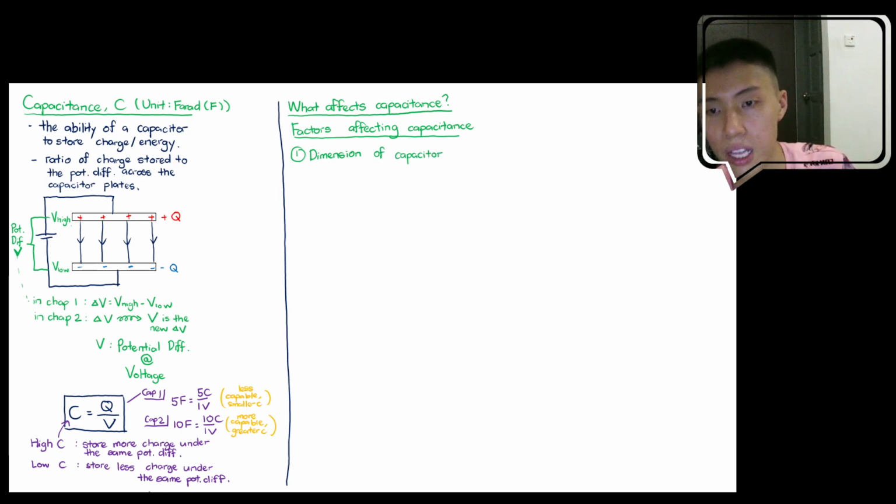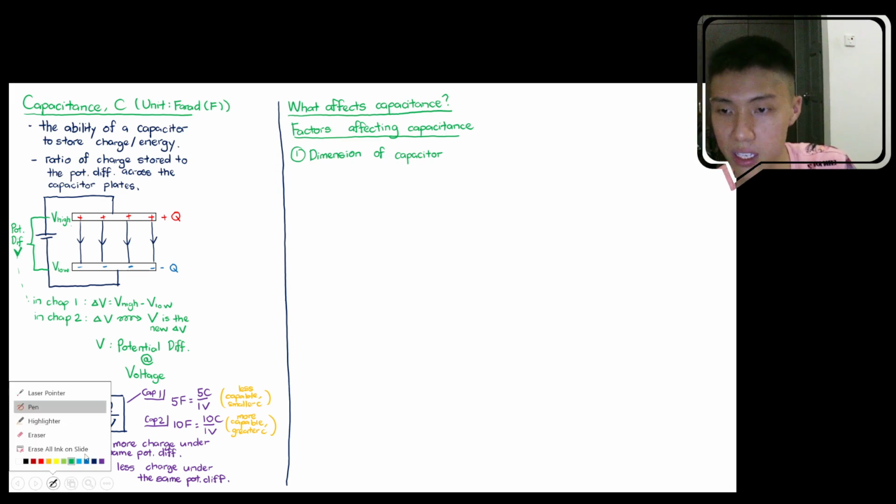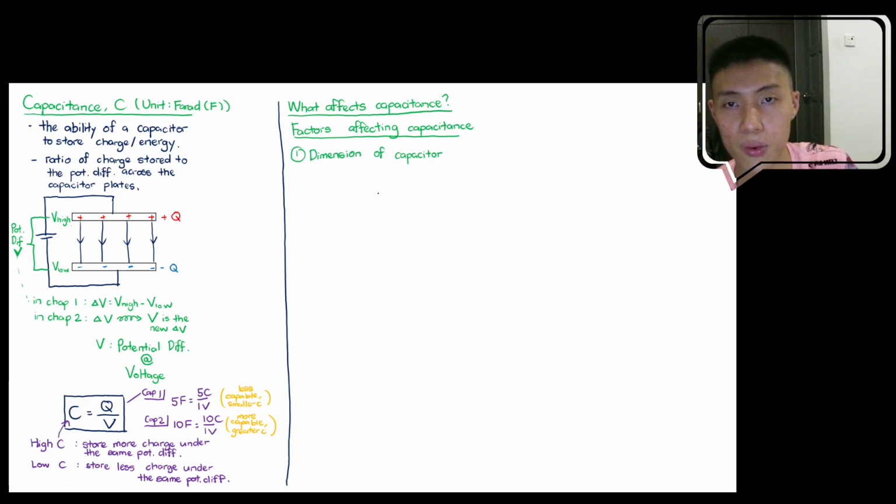Let me draw out the capacitor in 3D so that you can understand what I mean by the dimension of a capacitor. A capacitor consists of two parallel conducting plates, right? So I can draw it something like this.